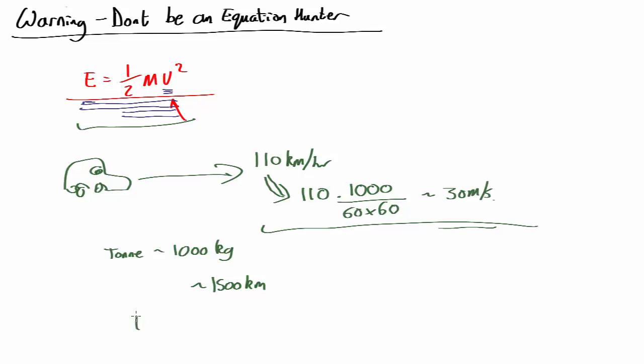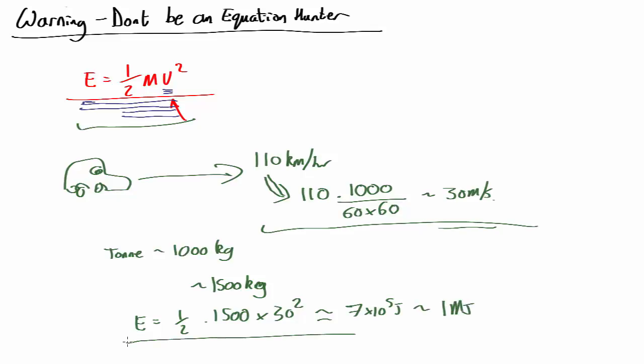Okay, so the energy needed to start is going to be half times the mass of the car, in kilograms, not kilometers, 1,500, times 30 squared, which comes out as 675,000 joules, which we'll call roughly 7 by 10 to the 5 joules, which is roughly a million joules, 1 megajoule.